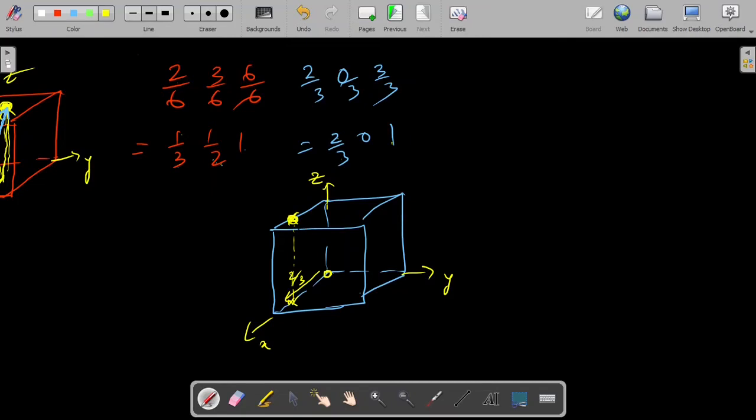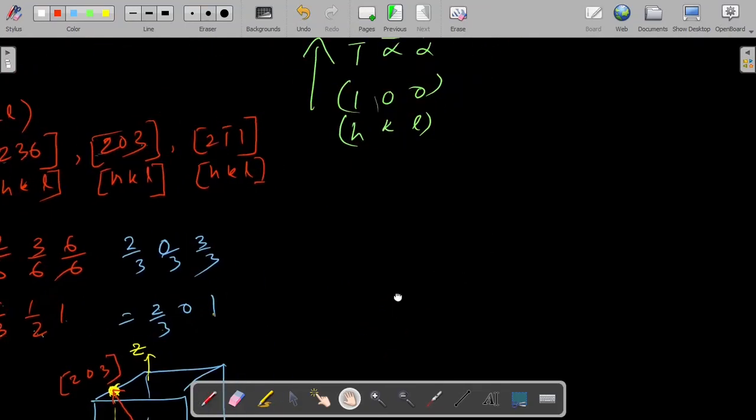And then you draw a vector starting from the origin. So let's draw the vector, from the origin to the point. So that's your direction. This is the direction. How much was it? 2, 0, 3. Okay, and let's draw the last one.